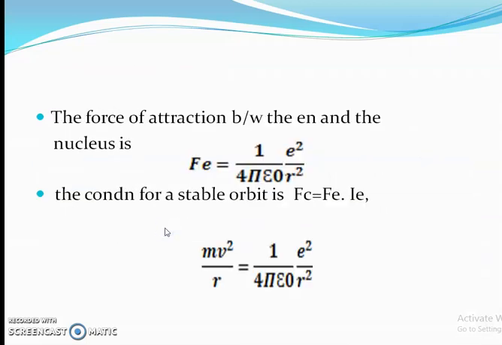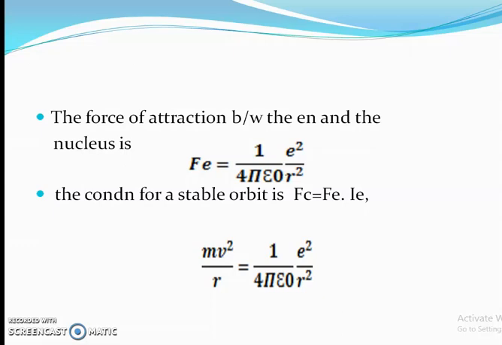Now the force of attraction between the electron and the nucleus is Fe = (1/4πε0) e^2/r^2. I already explained in the last video that for stability, the electrostatic force must be equal to the centripetal force.